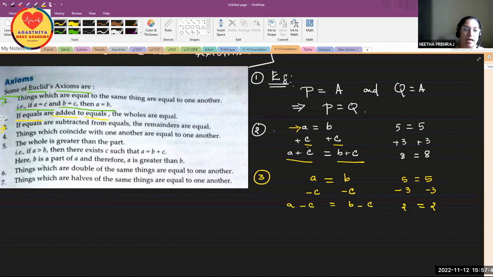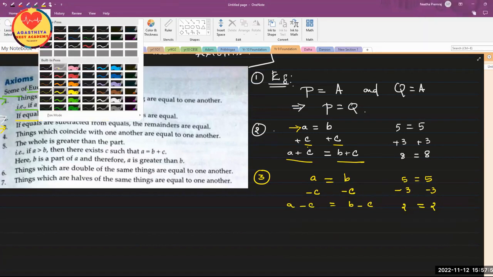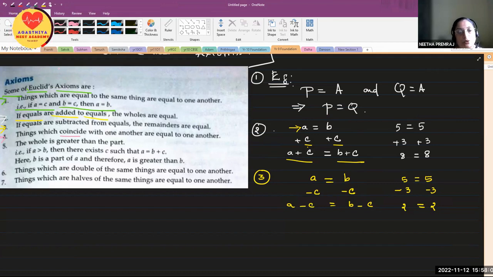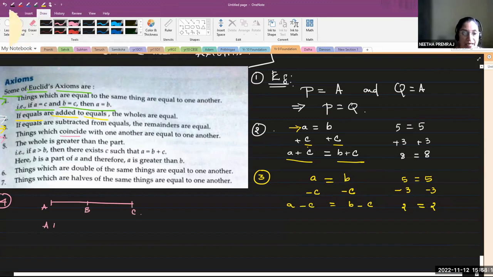Okay, and axiom 4. What is axiom 4? Things which coincide with one another are equal to one another. For example, there is a line A, B, C. AB plus BC is equal to AC.